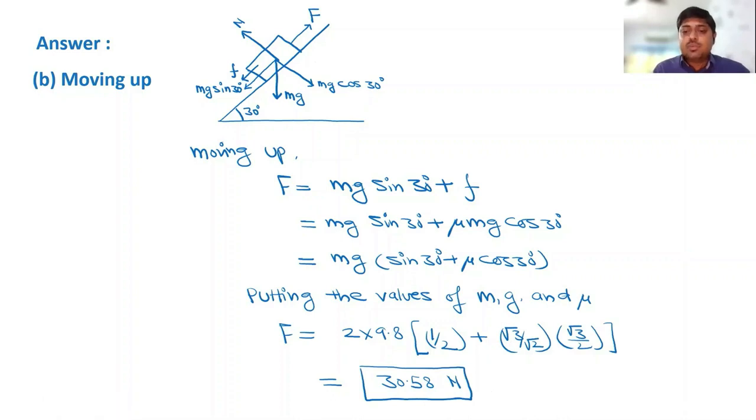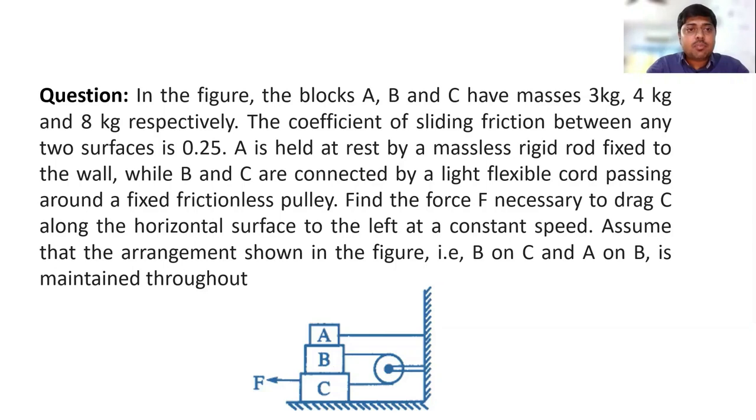After this, let's move to another problem. Our next problem is, in the figure, the blocks A, B, and C have masses 3 kg, 4 kg, and 8 kg respectively. The coefficient of sliding friction between any two surfaces is 0.25.